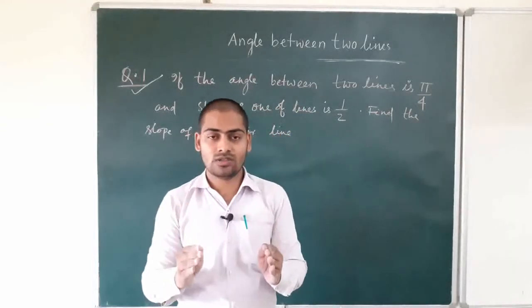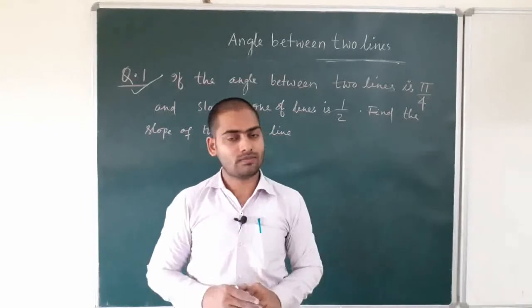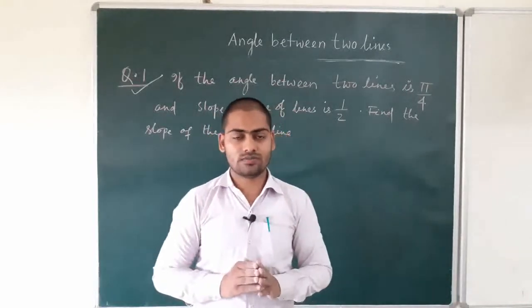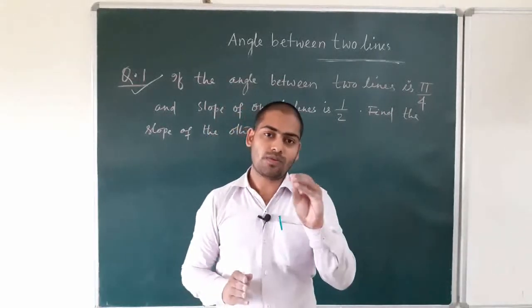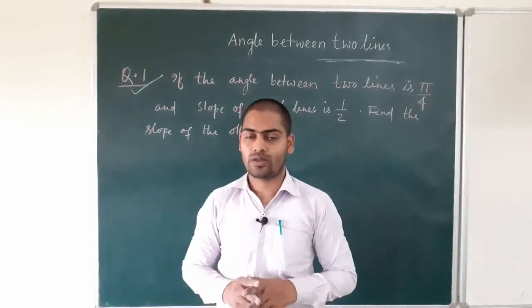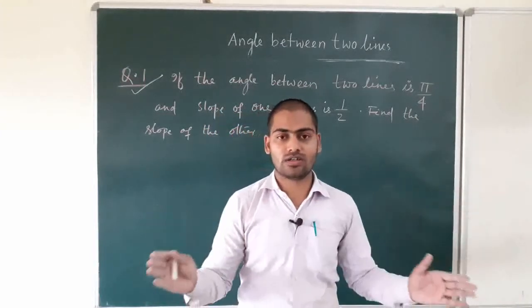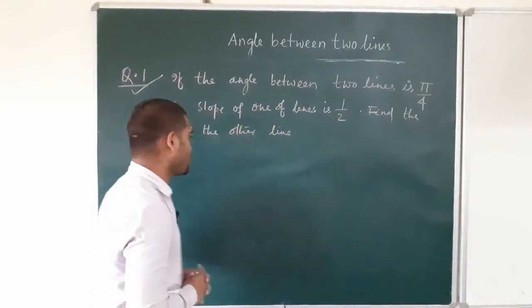Angle between two intersecting lines is given, and the slope of one line is given, equal to 1 by 2. Then we have to find the slope of the other line.